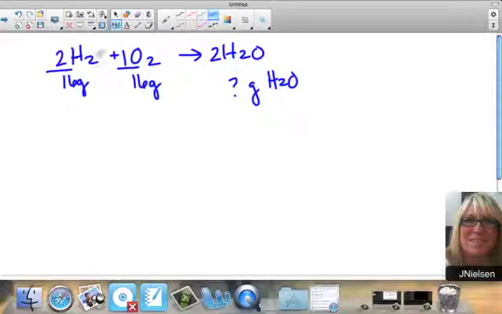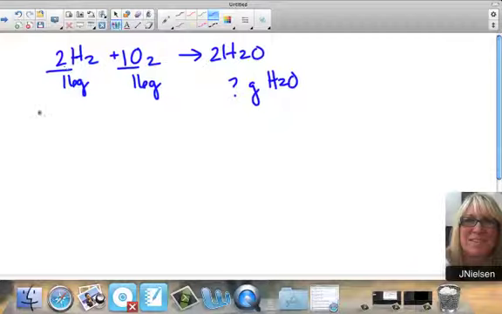So that means for every 2 moles of hydrogen, you need 1 mole of oxygen. So we have to figure out what is going to be the limiting reagent in this problem. The limiting reagent is exactly that. It is the reagent that limits the reaction. Because of its quantity, it determines how much product will be produced.